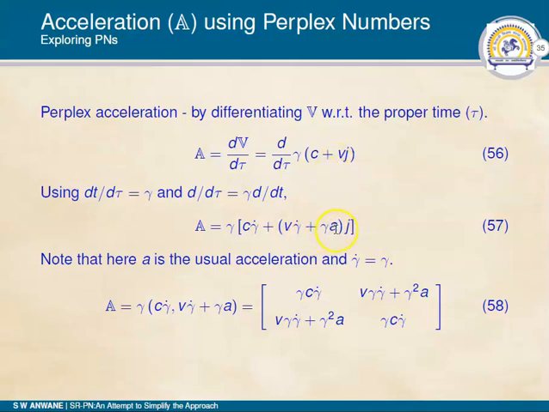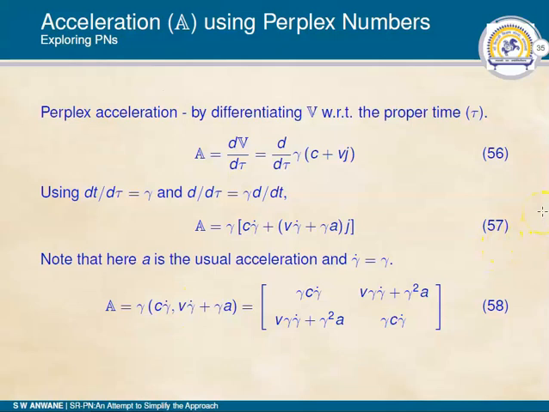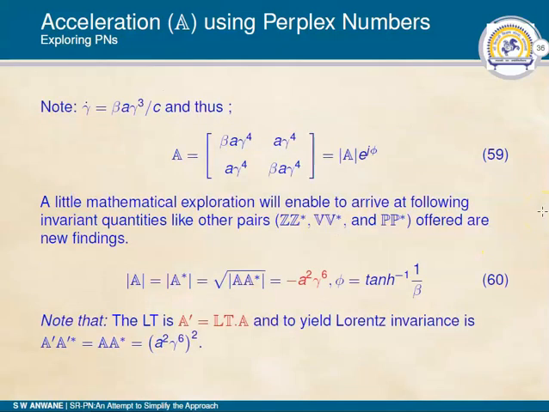So here I have conveniently used the term acceleration, which is the usual acceleration that we consider in Newtonian mechanics. Equation 57 represents the acceleration definition. Thus, equation 58 depicts the ordered pair of acceleration as gamma gamma dot c and gamma times v gamma dot plus gamma square times a. The same thing can be represented in matrix form as appearing on the right hand side of equation 58.